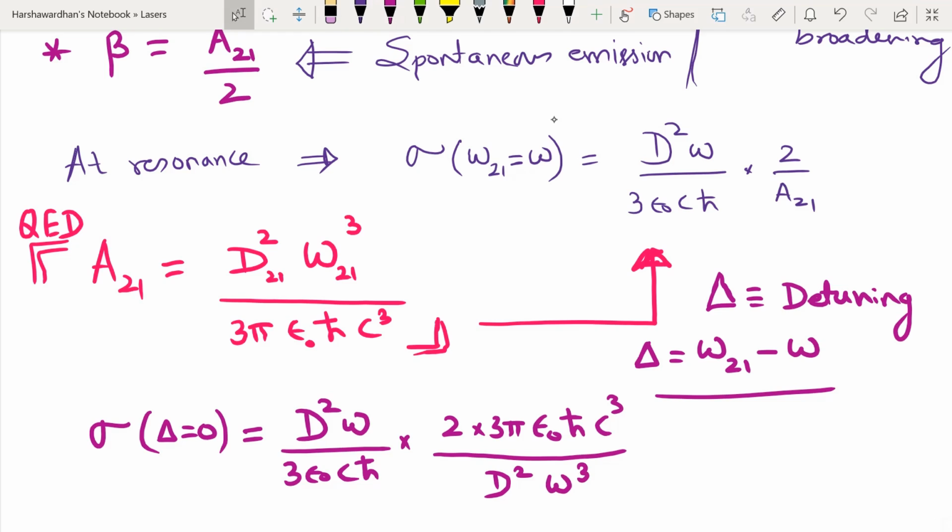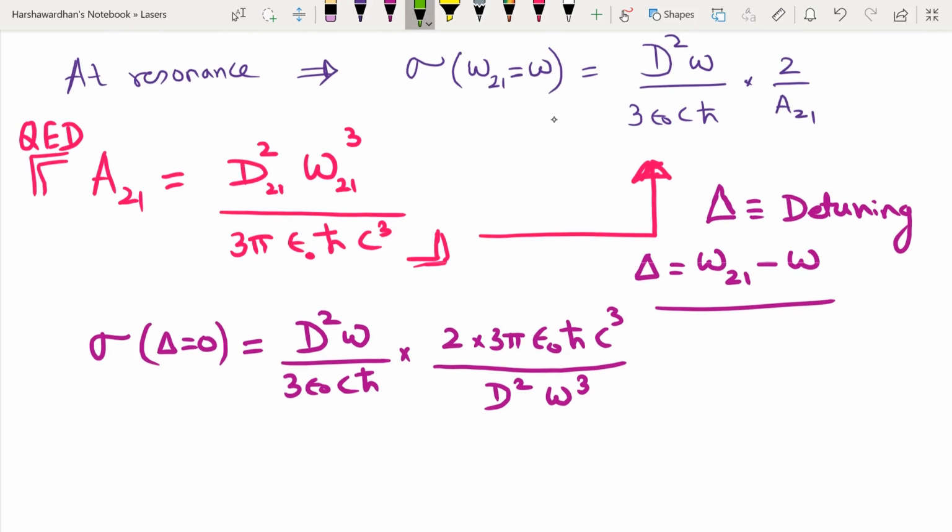Is that correct? So this second expression is coming from my result, and I am simply plugging in the value for A21.